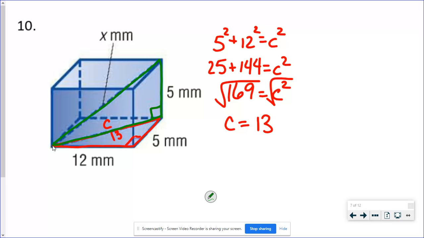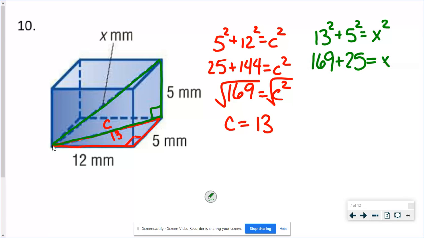So I've got 13 squared plus 5 squared, and I'm going to label this as X squared. So I've got 169 plus 25, which would give me 194. Oh, and I went right back to a C right there, equals X squared.